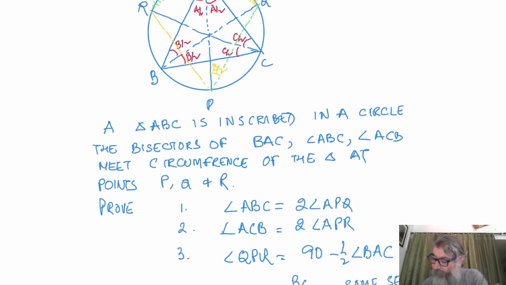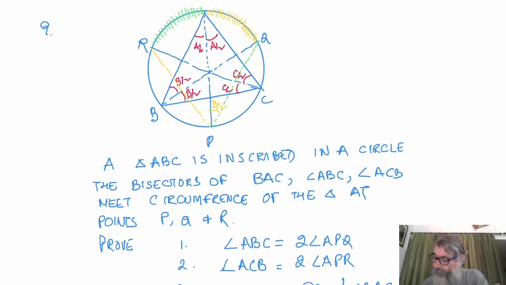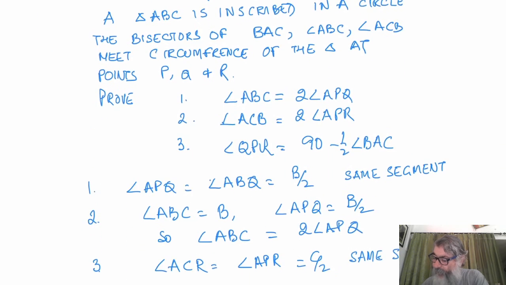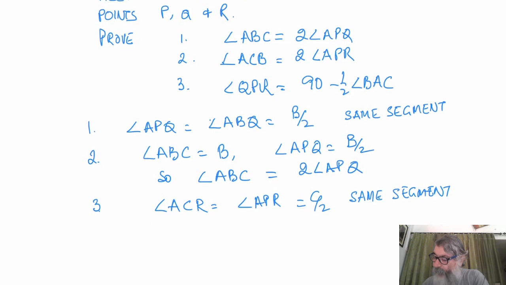ACB is C and APR is C by 2. So angle ACB is double of angle APR.